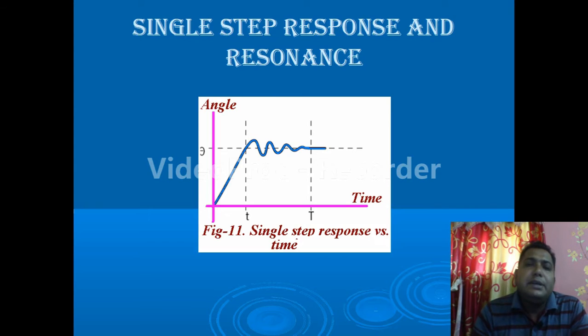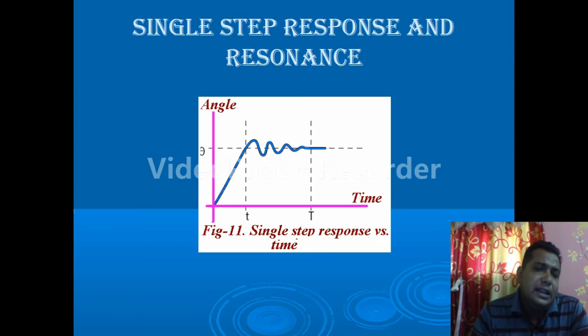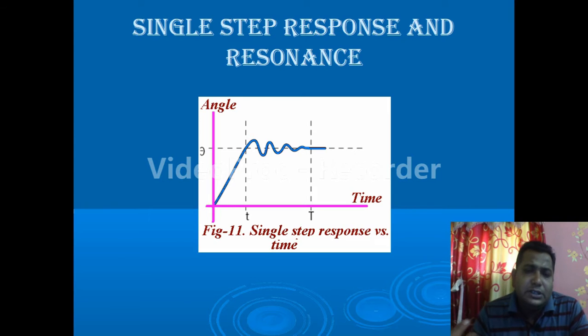Okay, single step response and resonance. This is the single step response versus time. On the x axis we have taken time, and on the y axis we have taken angle. Due to the input pulse to the system, the rotor will respond. Initially it will generate a very high angle with respect to time.